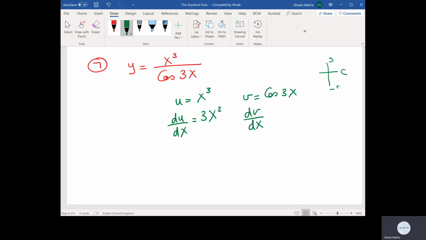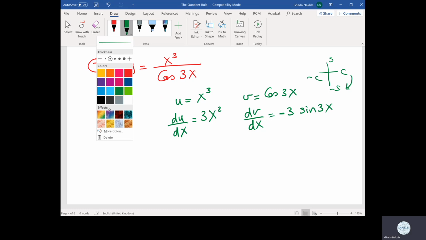Sine, cos, minus sine, minus cos, and we're looking at cos kx. So cos kx differentiates to minus k sine kx. So k in this case is 3, so minus 3 sine 3x. Cos differentiates into minus sine.